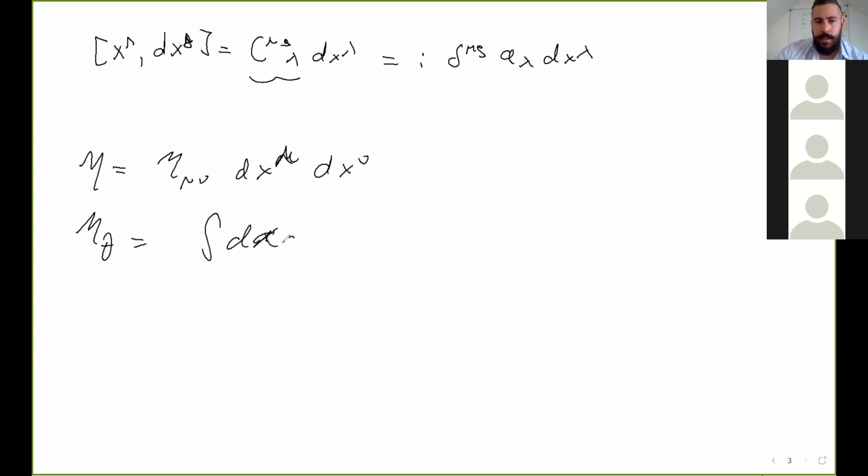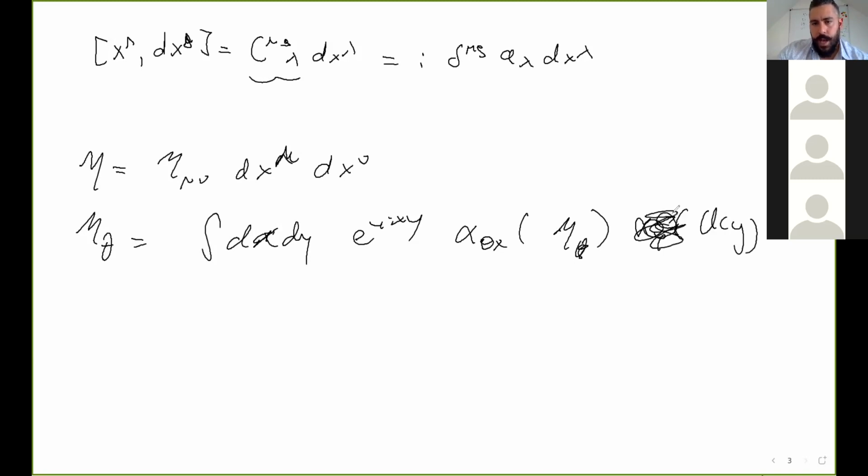So dx dy e to the minus xy alpha theta x of eta, and alpha y of, no, sorry, and u of y. I use this Rieffel deformation to deform this metric, and the unitary operators were generated by these x's. So I take unitary operators generated by these x's and plug them into this formula. And what basically happened is that the flat Minkowski metric turned into a conformally flat one.